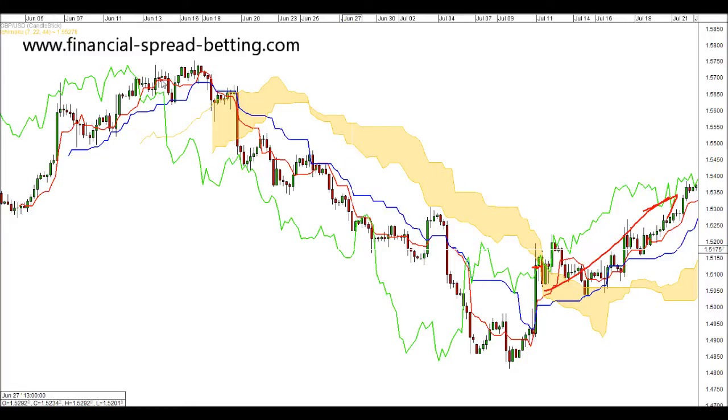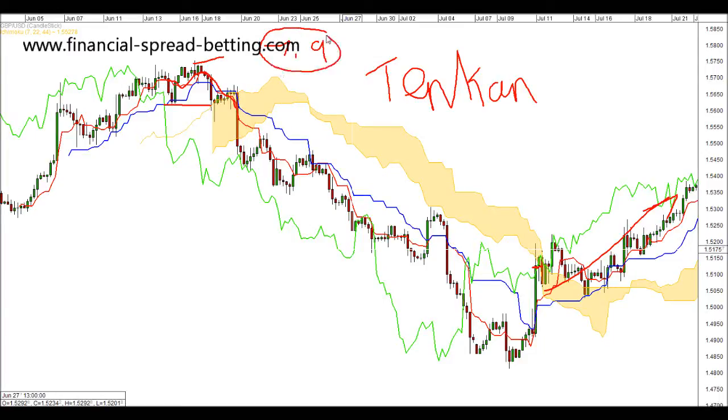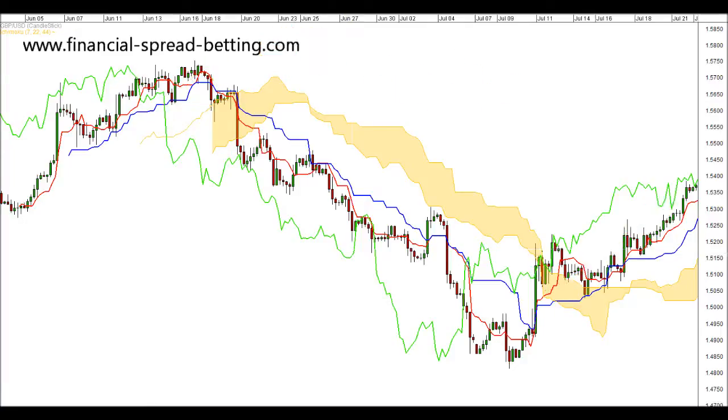The second is this red line, which is called the Tenkan, but also can be called the turning line, and this is calculated by using the highest high and lowest low of the previous 7 or 9 candles, depending on the setting.